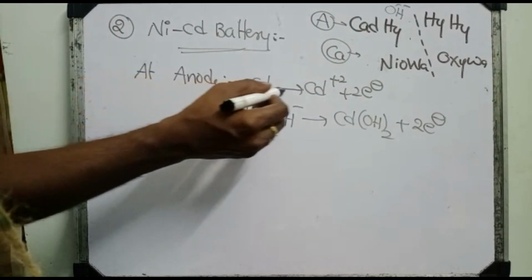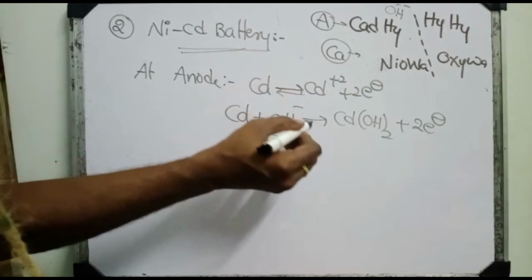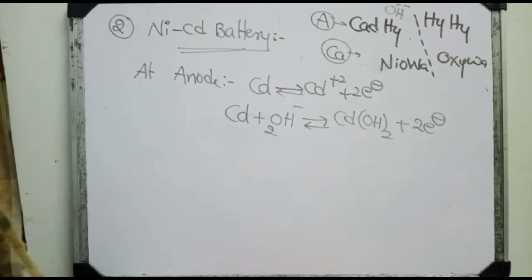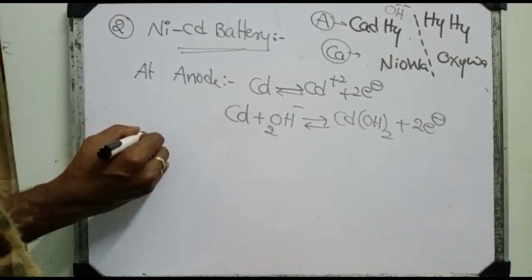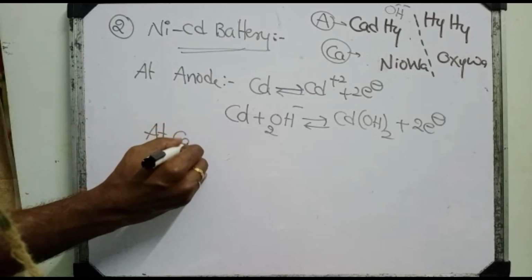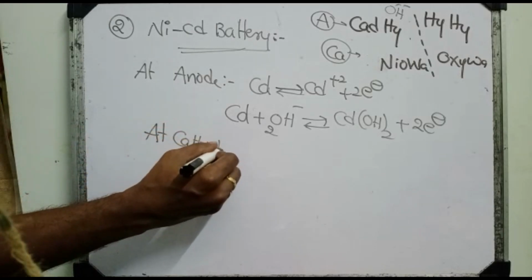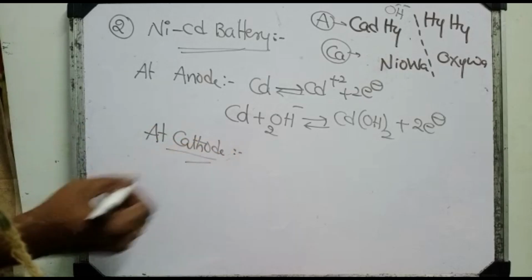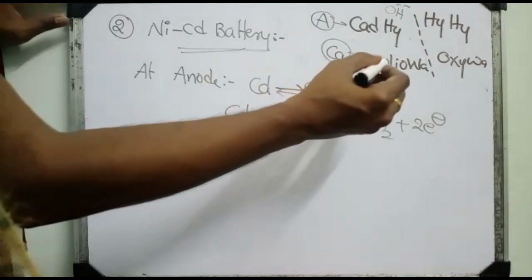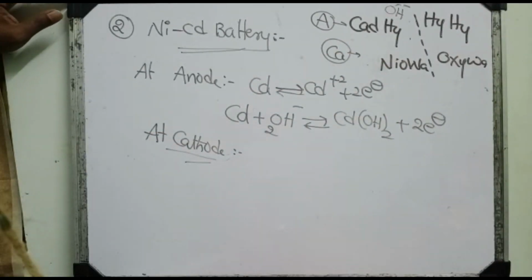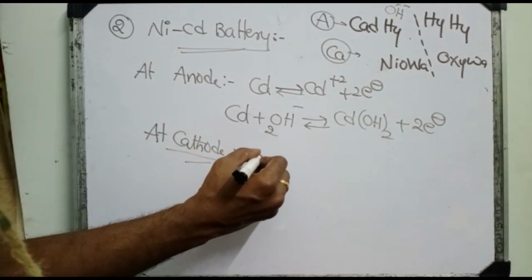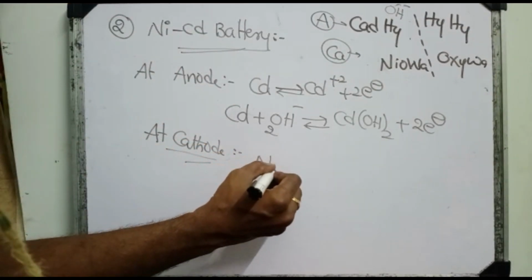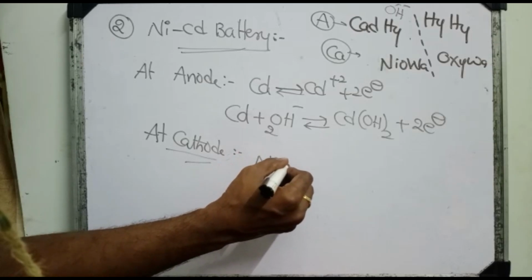Always, it is reversible. It is a secondary battery, so that's why we try to write it in a reversible manner. Next, at the cathode. Who is acting as the cathode? That is nickel oxide, NiO2.